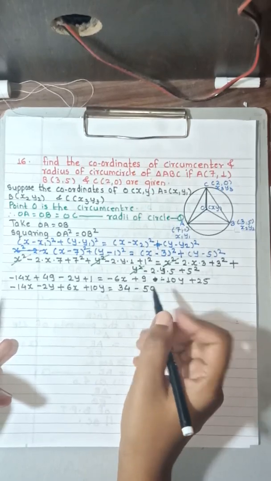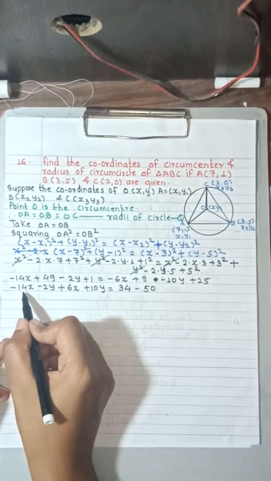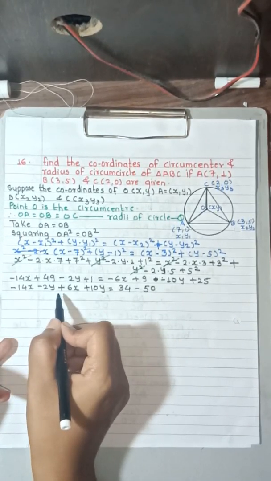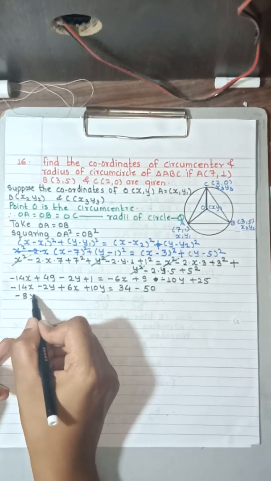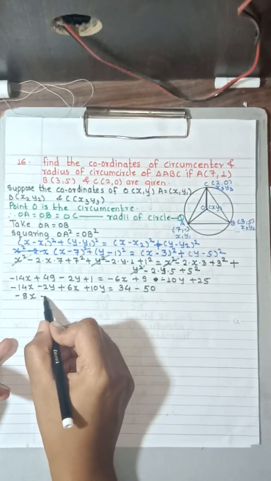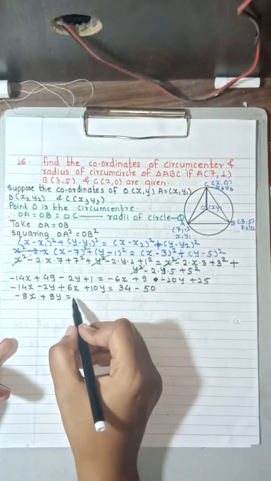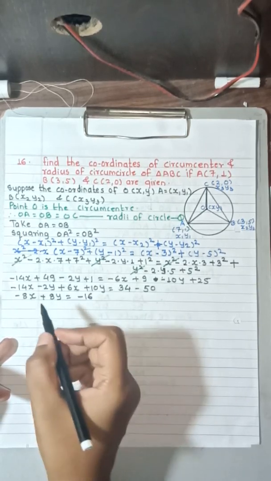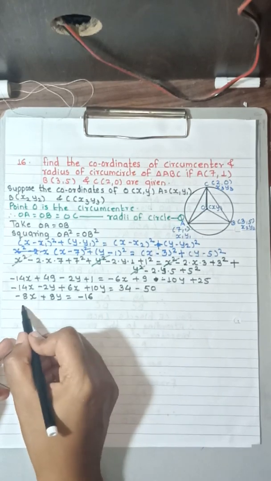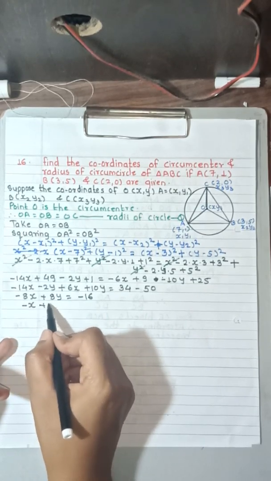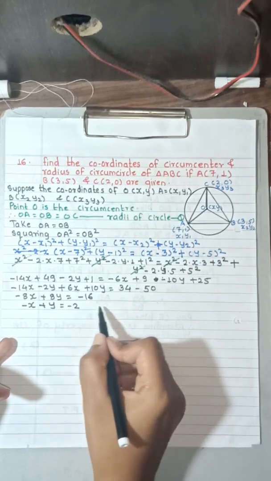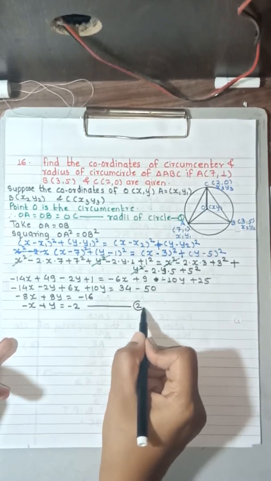Got it? 34 minus 50. We'll add this now. Minus 14x plus 6x will be equal to minus 8x, plus 8y is equal to around minus 16. Okay, so we'll divide by 8, that will be minus x plus y is equal to minus 2. This will be our equation 2.